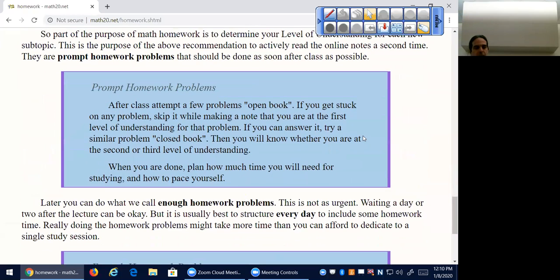Okay, the first thing about how to do homework is that you need to budget your time. So treat some homework as what I call prompt homework problems. Ideally, you will do some homework today. Not a lot necessarily, because we have jobs and kids and all of that kind of stuff. But set aside 10, 15 minutes, and you're going to test yourself and see what level of understanding you are for the rounding and the fractions and the other stuff we're doing today.